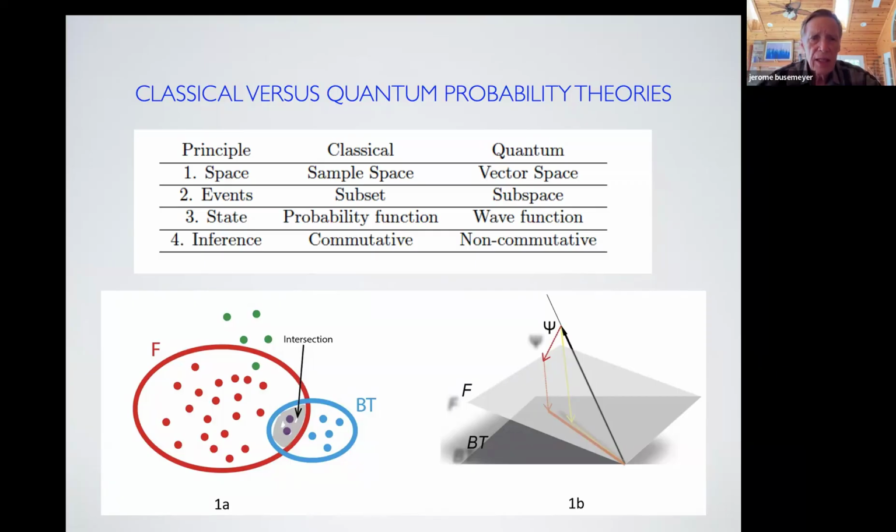And now events. In this bottom figure, this is one of the classic examples of a conjunction fallacy that I didn't take time to mention, the classic feminist bank teller story. Maybe I'll say it now. Tversky and Kahneman use this story where you hear about a woman, Linda, who graduated from UC Berkeley, majored in philosophy, and was active in social movements.